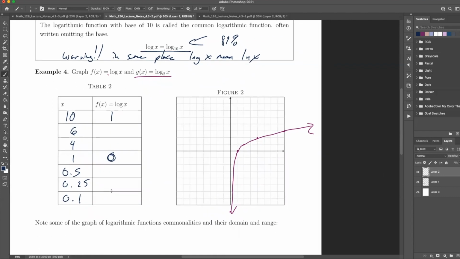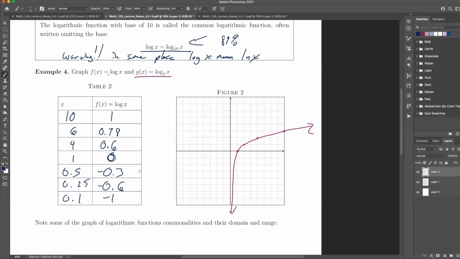And when it's 0.1, it's negative 1. What happens to the rest of these? These are decimals, so we just plug them into the calculator and get 0.78, 0.6, negative 0.3, and negative 0.6.